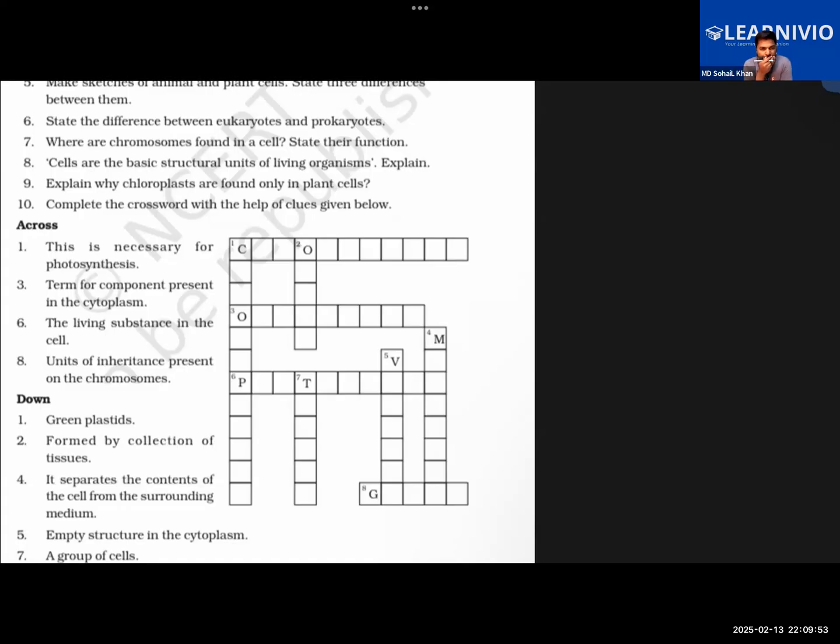Prokaryotic cells do not have a nuclear membrane and are not well organized. Examples of prokaryotes are bacteria and algae. And eukaryotic cells have a cell wall, which is organized, and a nucleus.